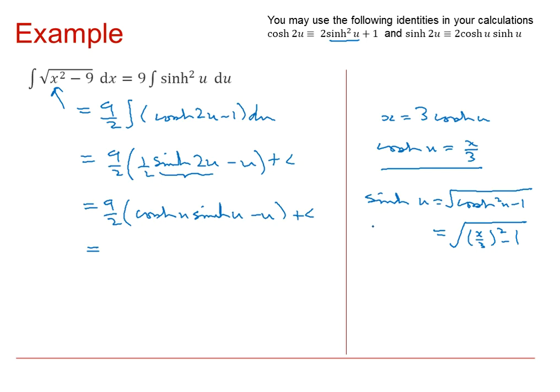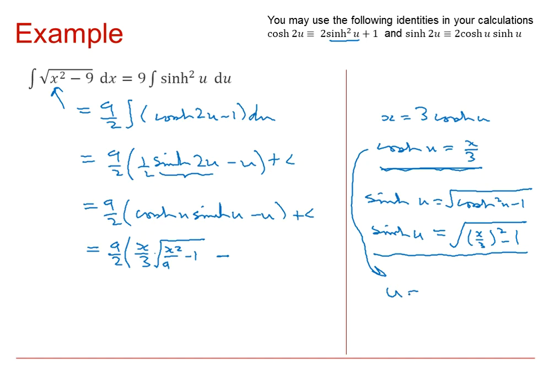So now we have sinh u in terms of x and cosh u in terms of x. So I can write this answer now as 9 over 2 times cosh u, which is x over 3, times sinh u, which is the square root of x squared over 9 minus 1, minus u, and u, we can see from here, u is the inverse hyperbolic function of x over 3.